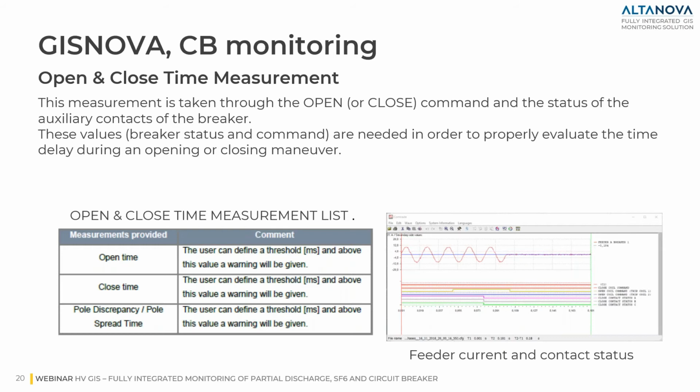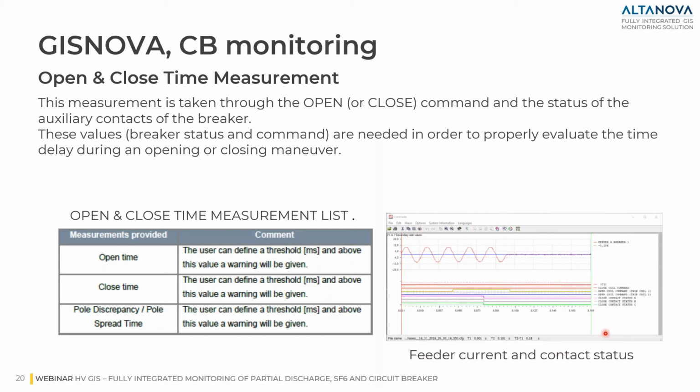Or, like in this case, to detect the open and close time measurements, you have the measurement that in this case is taken through the open and close command and the status of the auxiliary contacts of the breaker. These values are needed in order to properly evaluate the time delay during an opening or closing maneuver.